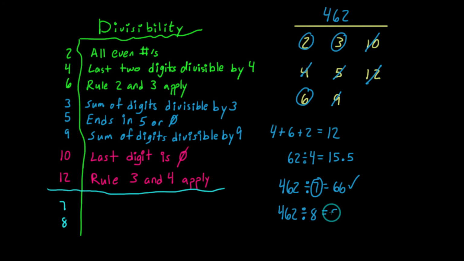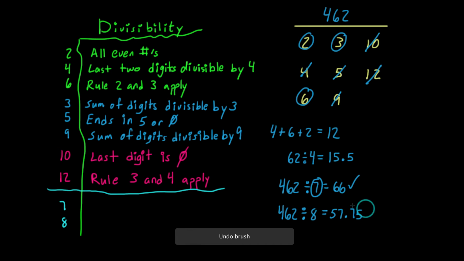Well, the quotient we'd get is 57.75. This isn't a whole number, it has a remainder. Therefore, 462 is not divisible by 8, so I could cross that off.